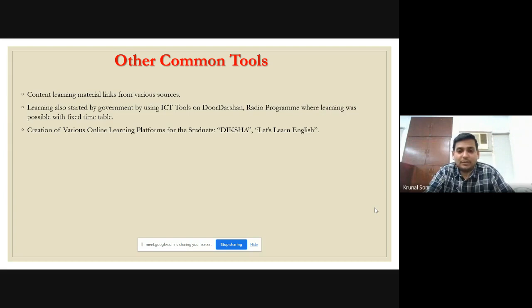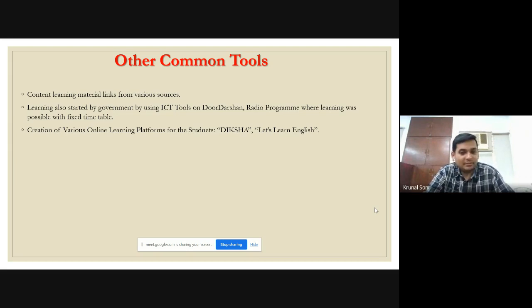So it was possible through the Doordarshan radio programs, where learning was possible with a fixed timetable, right? The government also released the timetable for these things, right? So students can start their TV and connect with these classes on Doordarshan, right?